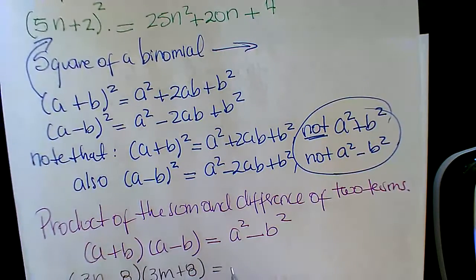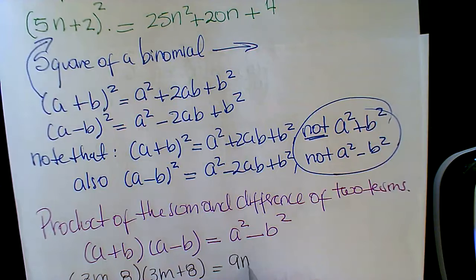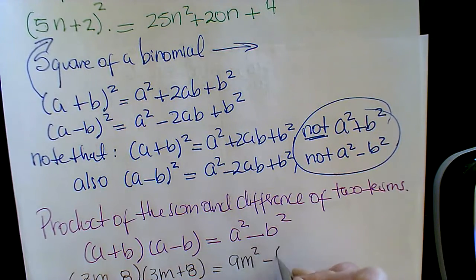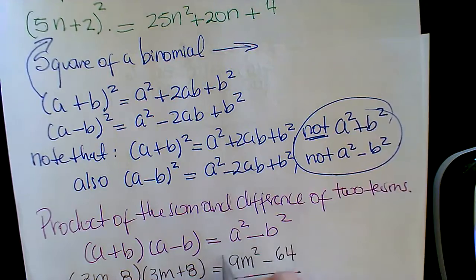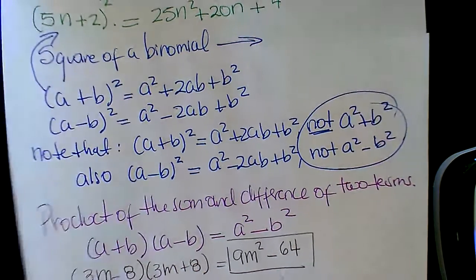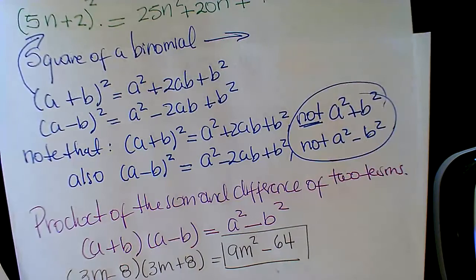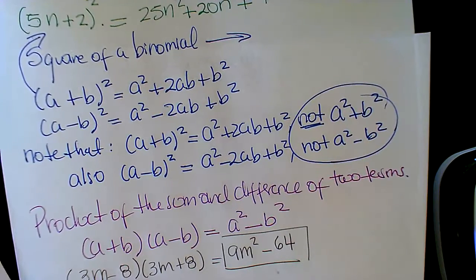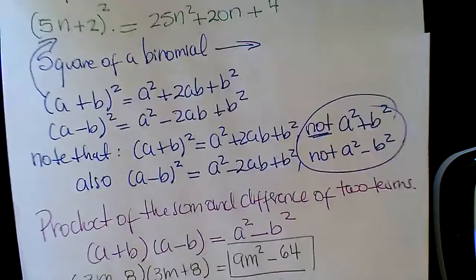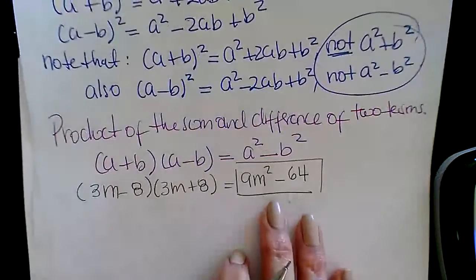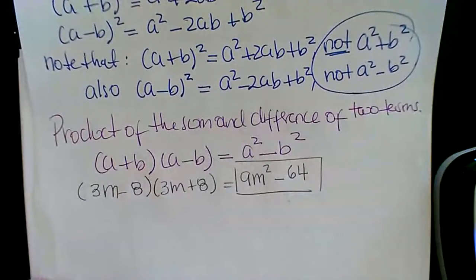So what do we do? The first one is squared: 3 times 3 is 9, squared, and b, 8 times 8, 64. All right? I could have done it, and you see it if we just recognize it right away.